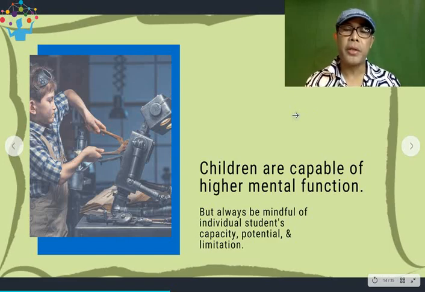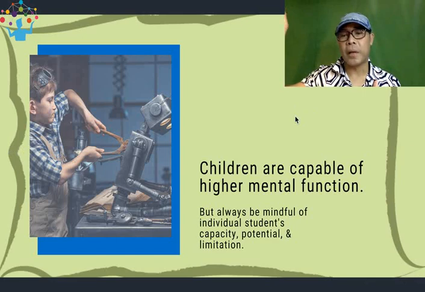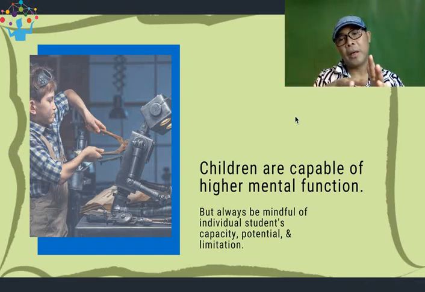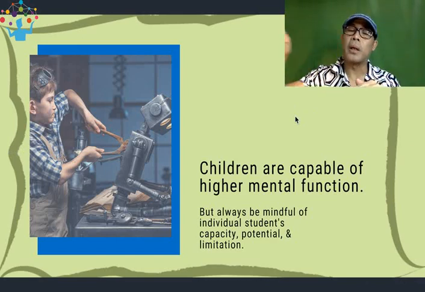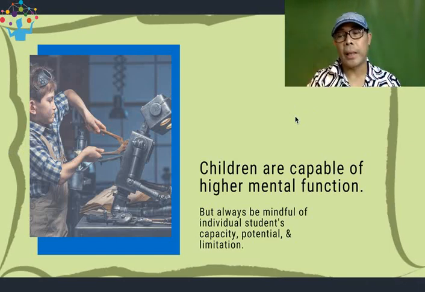The next one is children are capable of higher mental function. Children are capable of going from simple undertakings to a more complex capability of doing a specific task. But we always have to be mindful of individual students' capacity, potential, and limitation.